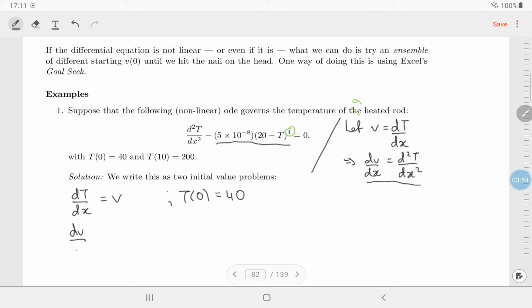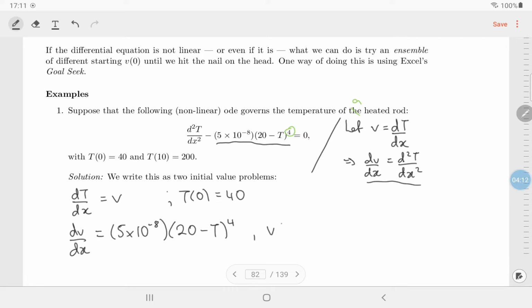I have also an equation for v. So you turn the second order differential equation into two first order differential equations, with 5 by 10 to the minus 8 times 20 minus the temperature to the power of 4.